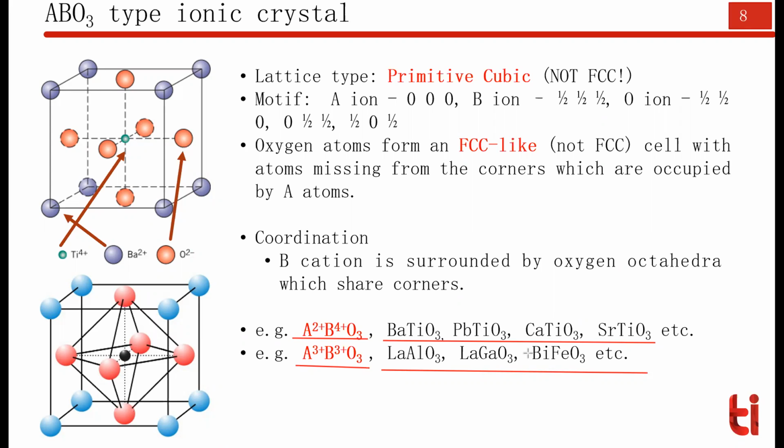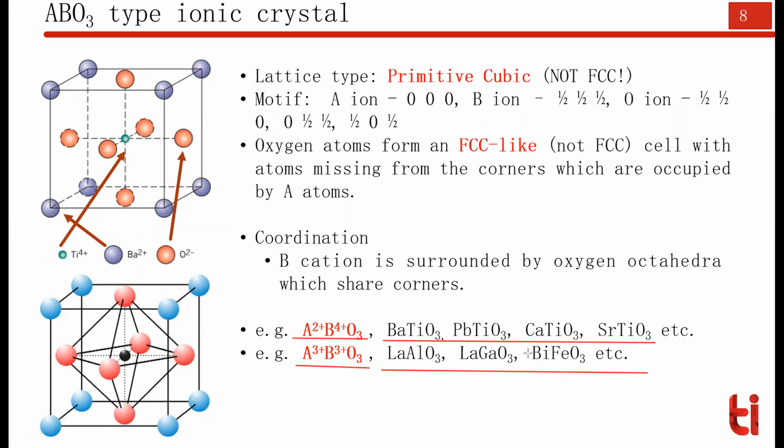Remember, Fe is an important element. It is present in a large number of solids, and it could have its valency +2 or +3. So if its valency is +2, it goes and occupies the A site, and if its valency is +3, it will go and occupy the B site.